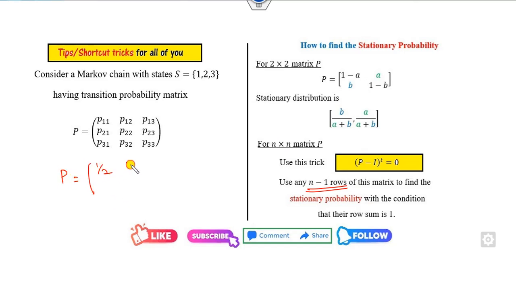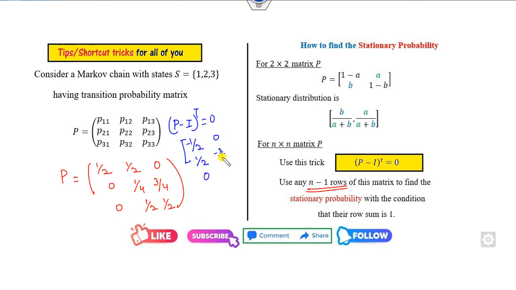For example, you have this case: 0, 1 by 4, 3 by 4, 1 over 2, 1 over 2, 0. Then P minus I transpose is minus half, half, 0; 0, minus 3 by 4, 3 by 4; 0, half, and minus half. This is my P minus I transpose.